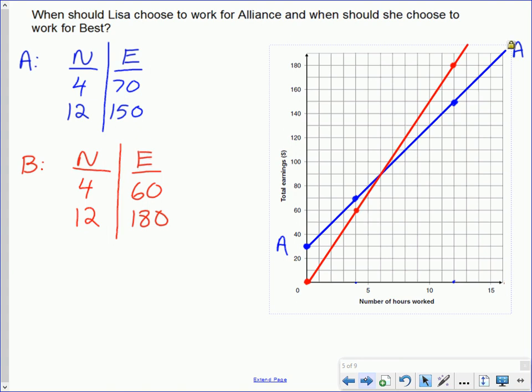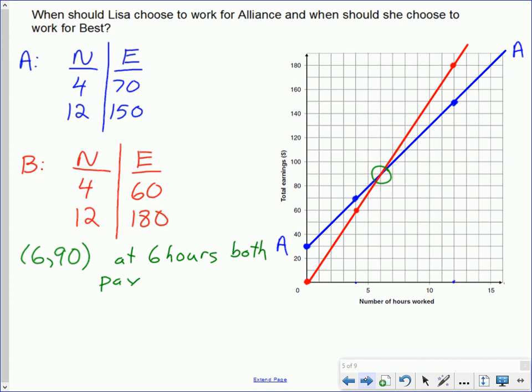Okay. Now we can find our solution here. Where do these lines intersect? They intersect right here at 6 hours. So they intersect at the point (6, 90). What does this tell us? It tells us that at 6 hours, both companies pay $90.